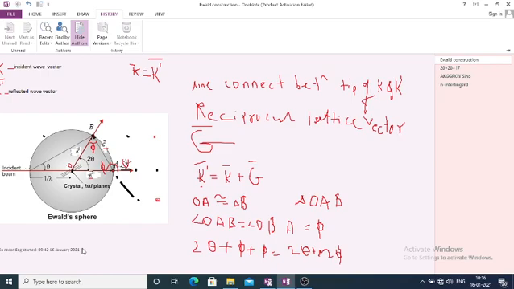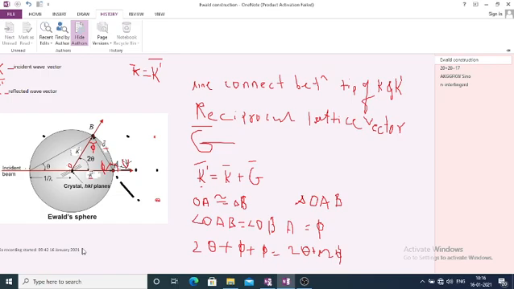The basic concept you have to remember here: you have to use the incident wave vector and reflected wave vector, both having the same magnitude, starting from the origin O. So the tip of the wave vector is always present on the surface of the sphere. When the two tips of your wave vectors, incident and reflected, are connected, that is known as the reciprocal lattice vector.